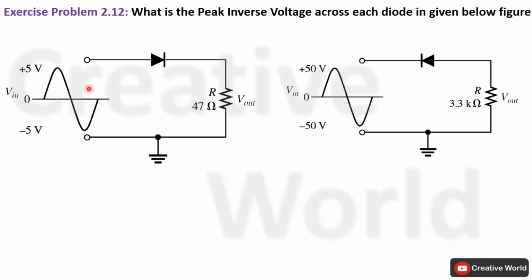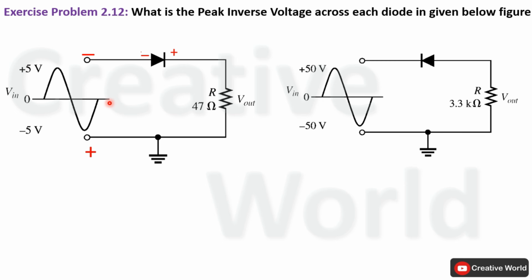As we discussed earlier, during the positive half cycle of AC input voltage, we will be getting this polarity across its terminals, and due to this polarity this diode will conduct and it will be having 0.7 volt across it. But during the negative half cycle of AC input voltage, we will be getting this polarity across its input terminals, and due to this polarity, the anode of the diode will be connected to the negative terminal and the cathode of the diode will be connected to the positive terminal.